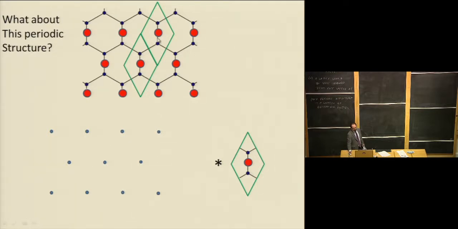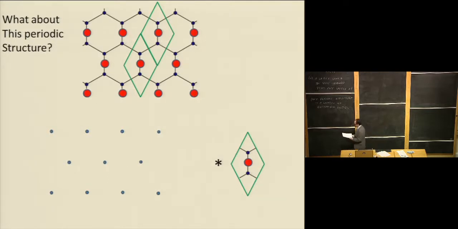And you can see that if I stack together these green diamonds, each one of them centered on these big red dots, it will reconstruct the entire honeycomb, this thing that people call the hexagonal lattice that isn't a lattice. So it should be called the honeycomb, I guess. All right, is that clear? Okay, good. So far, so good.